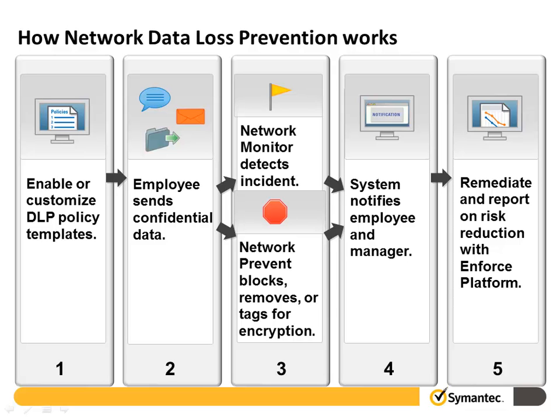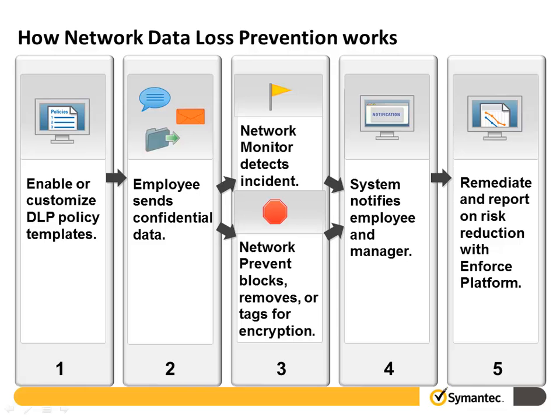If the customer is using Network Prevent, we can detect the incident and we can optionally choose to block, remove content or tag the message for encryption. The system can notify the employee and their manager if required, and again, all remediation and reporting is performed on the Enforce platform.